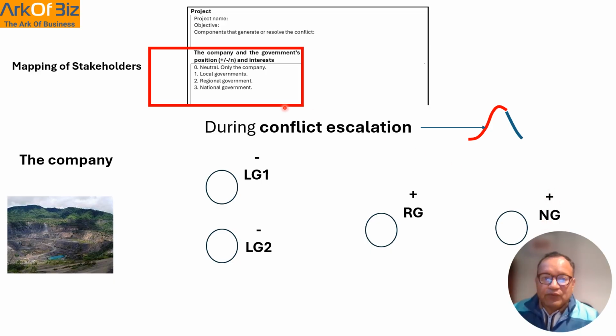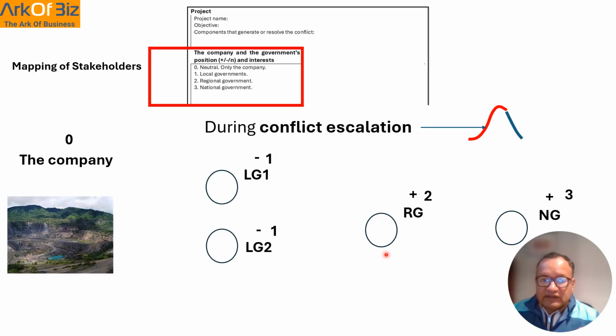So using our value system in the prompts here, we assign 0 for the company itself, we assign -1 for each government that opposes the company, we assign +2 for the regional government, and finally we assign +3 for the national government.